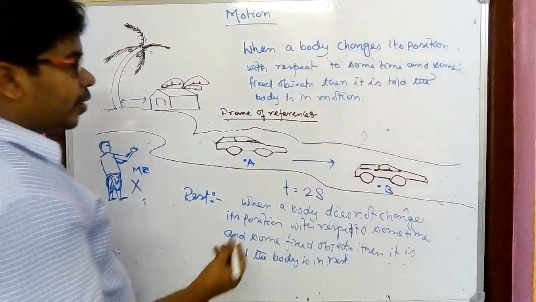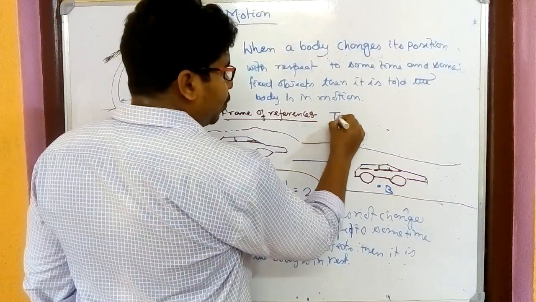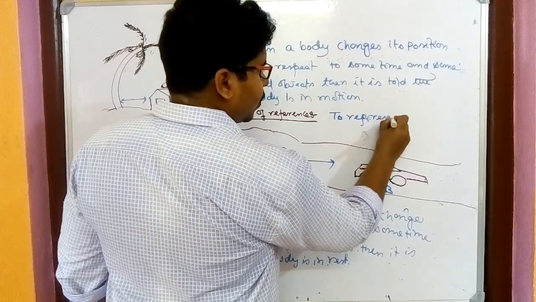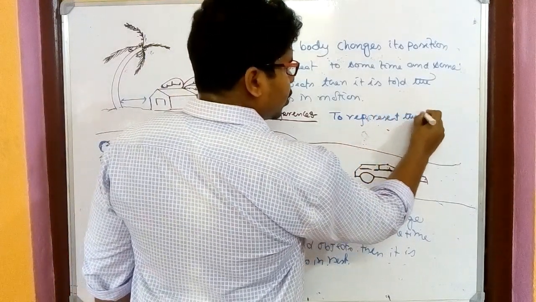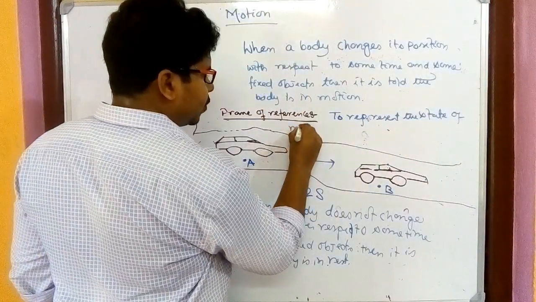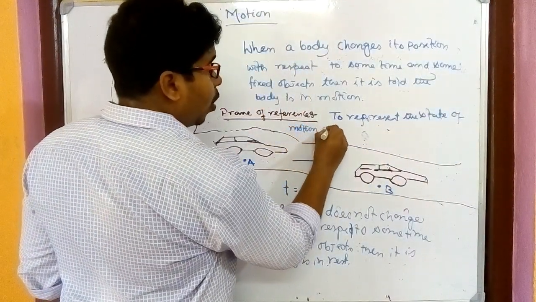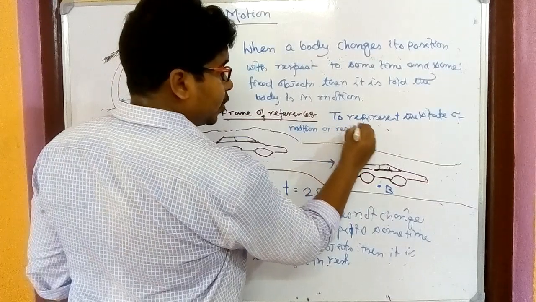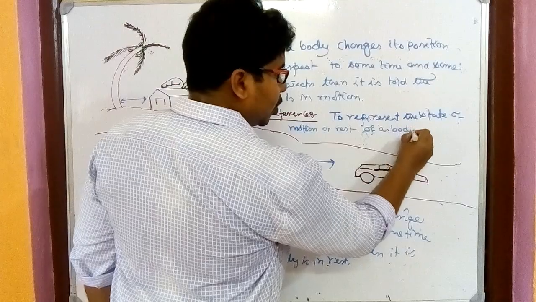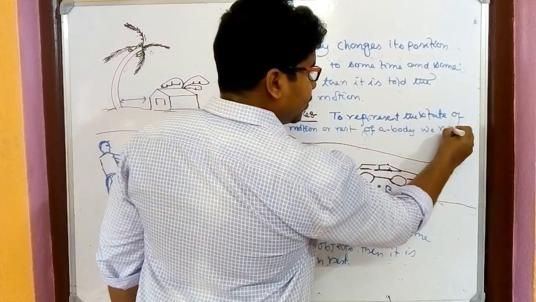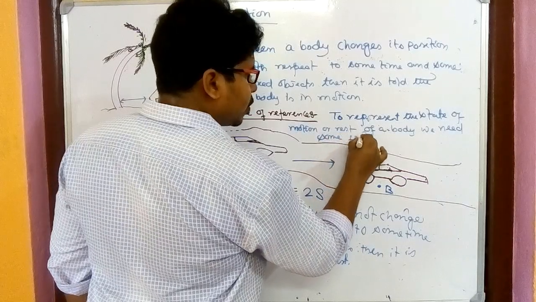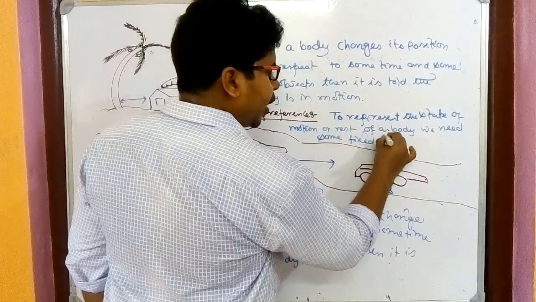The definition: to represent the state of motion or rest of a body, we need some fixed objects.